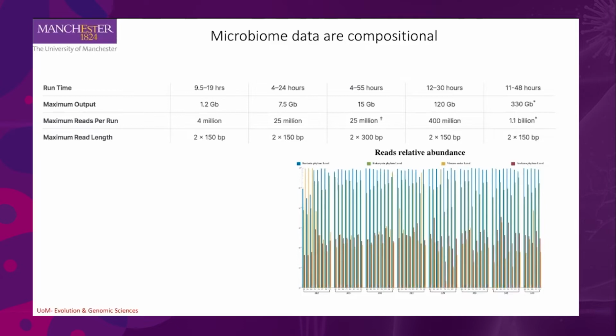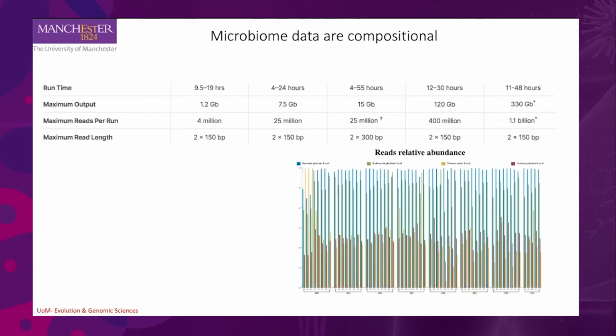And in this table, I have just pulled out the comparison of Illumina short read sequencers, and you can see the different outputs. So what does it mean that we have a maximum output?